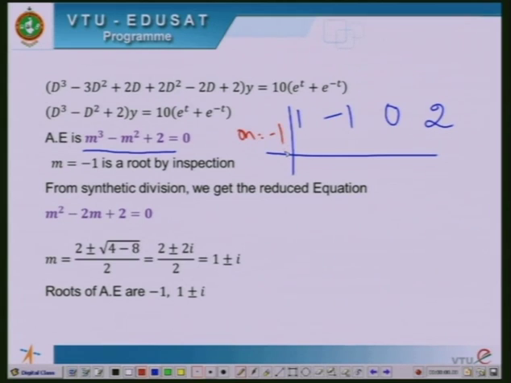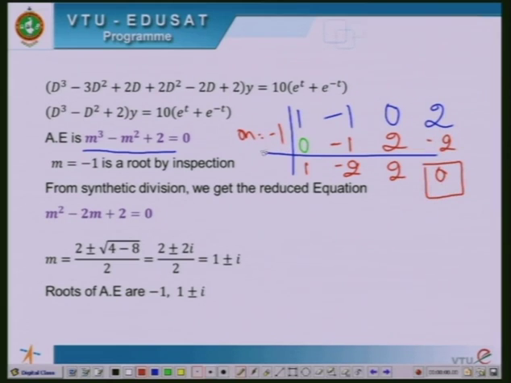Next, the procedure is to write 0 here, add 1 plus 0, which is 1, multiply 1 into minus 1, which is minus 1, add these two, minus 2, multiply, you will get plus 2, add it, 2, then 2 into minus 1 is minus 2, giving 0. You should get 0 here.